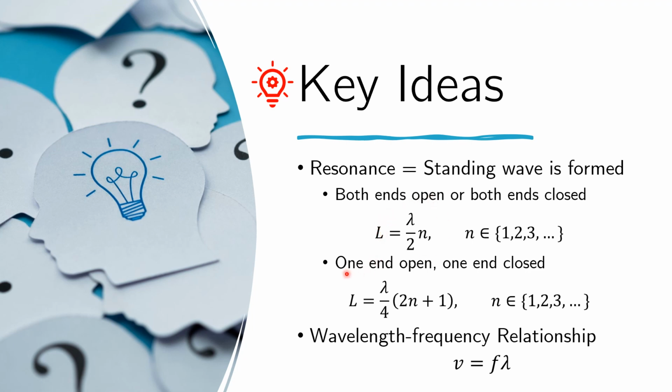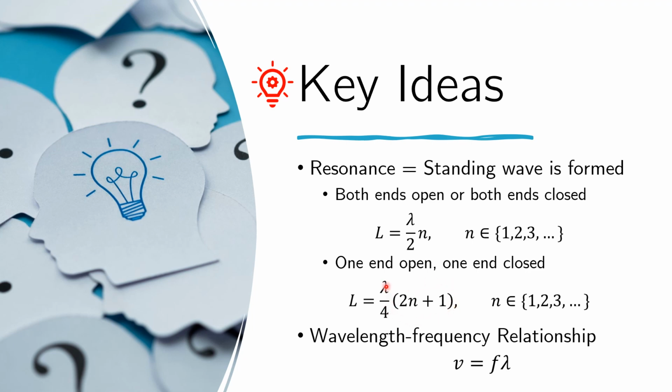And also, if one end is open and the other is closed, instead of thinking about 1/2 of the wavelength, the resonance happens at 1/4 of the wavelength. And if you have twice those 1/4, what you get is 1/2 of the wavelength, and that's not going to resonate. So we only need the odd numbers.